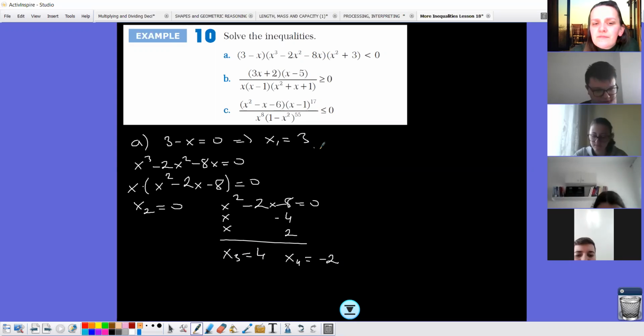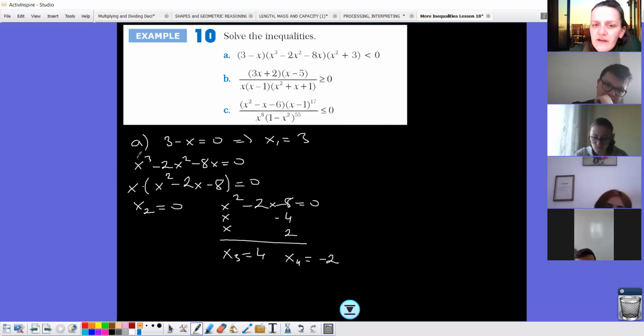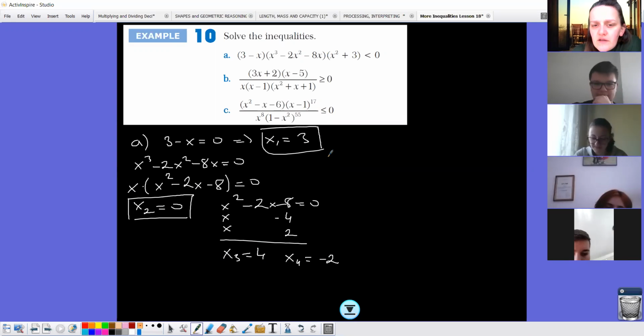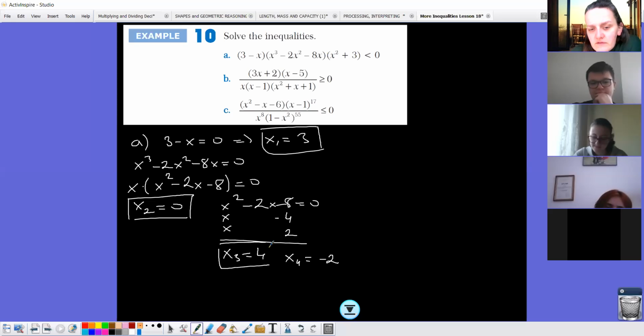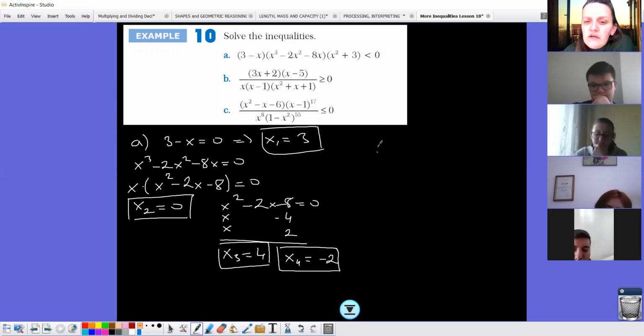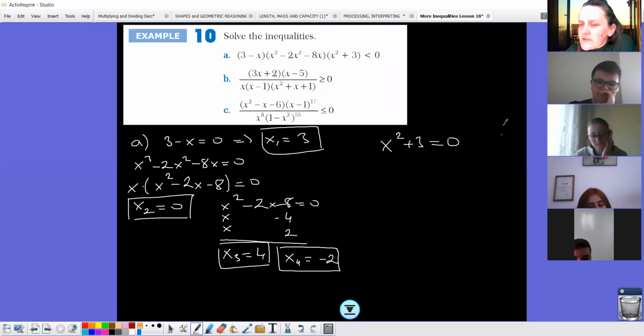Teacher, can you explain how we found x2? Here you have x cubed. We take x in front of the parentheses. And the second root is 0. First root is 3, third one 4, fourth one minus 2. And we have one more here: x squared plus 3 is equal to 0. So from here, what will we find, Alexander?